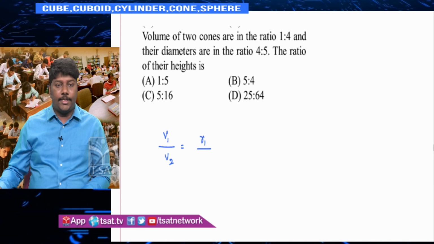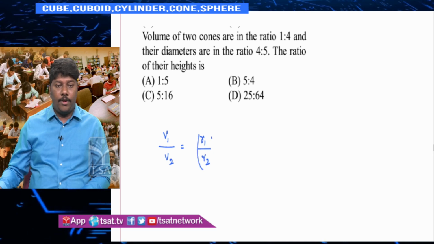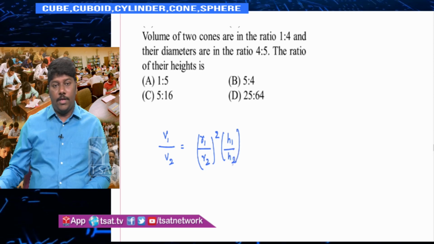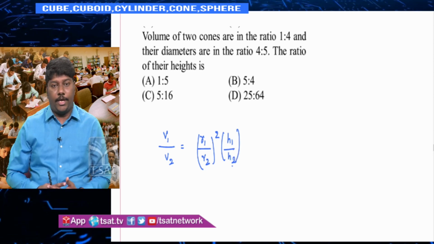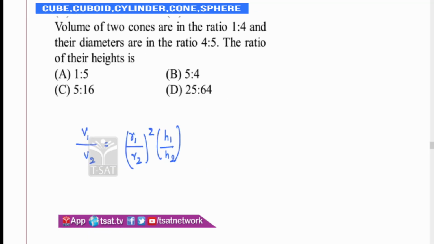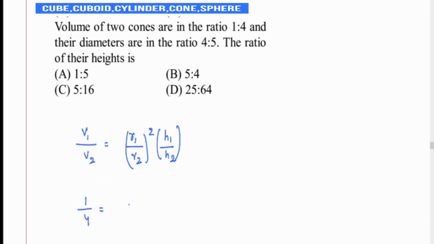I would directly take it as R1 by R2 whole square into H1 by H2. Volume is given. Now they have given you the ratio of the diameters. The diameters are in the ratio 4:5, which means the radii will also be in the ratio 4:5. So volumes 1 by 4. Radii are in the ratio 4:5, which means 16 by 25. Now what is the heights ratio?